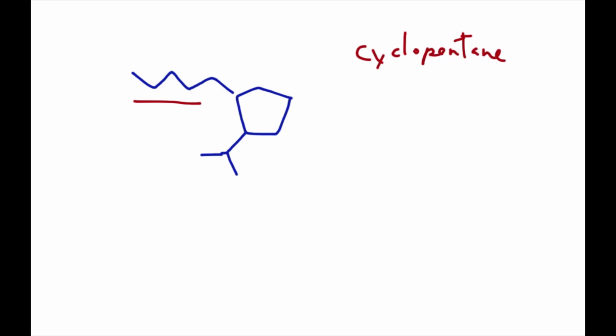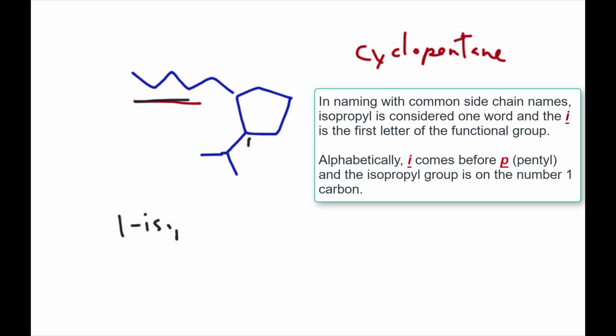So then in the positions we have, in the 1 position here, an isopropyl group, and in the 2 position we have the 5 carbon chain, which is a pentyl group. So we can call this a 1 isopropyl, 2 pentyl, or N-pentyl, to denote that it's a linear chain, and that's a cyclopentane.